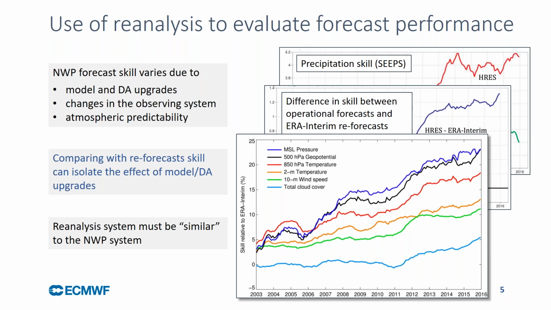And with ERA-Interim, that was definitely the case. It was almost 10 years old, and it started to get too old. So, for example, it couldn't really handle lots of observations that the NWP system uses, and then the differences become too large to be able to do this usefully. Next, please.